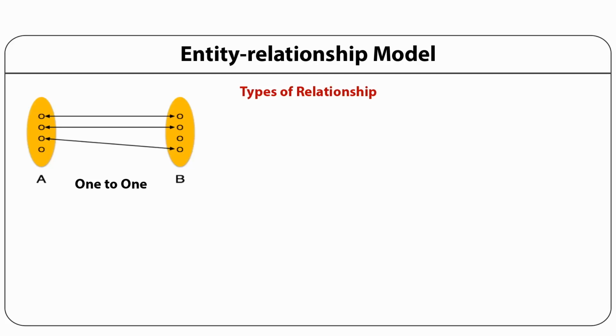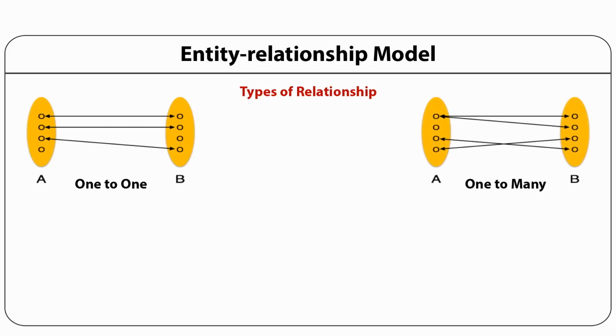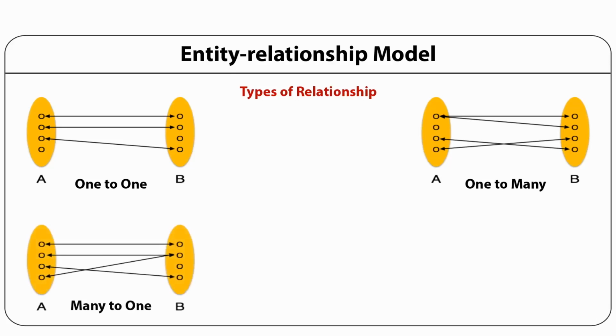Similarly, we have the one-to-many relationship. That means one entity of a set A is related to many entities of set B. Then the third one is the many-to-one relationship. It is the reverse of the previous one. That means many entities of set A are related to a single entity of set B.